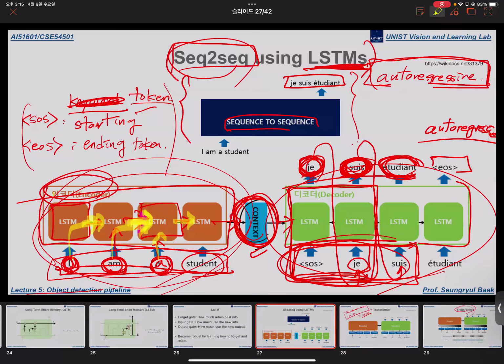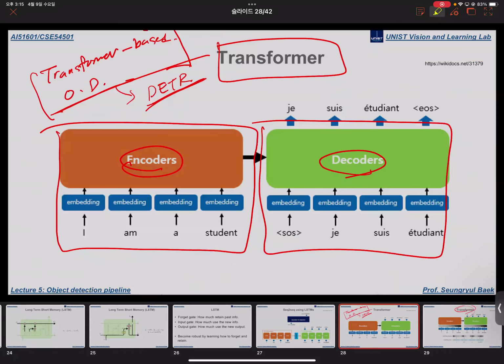Both the encoder and the decoder work in a sequential manner. To get the subsequent output, you have to calculate the previous output. That's how a sequence to sequence model composed of LSTMs works.